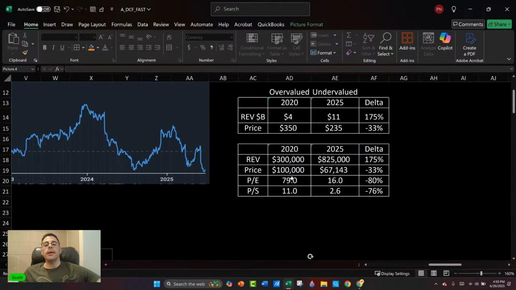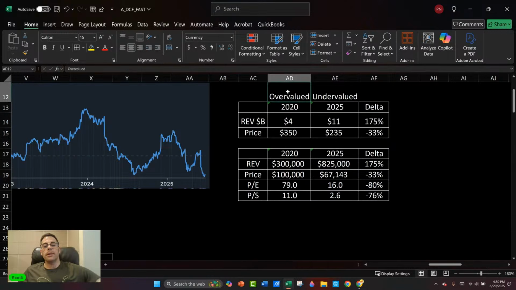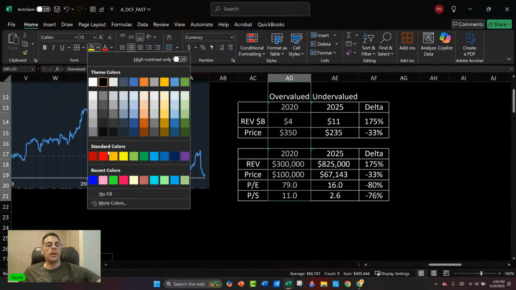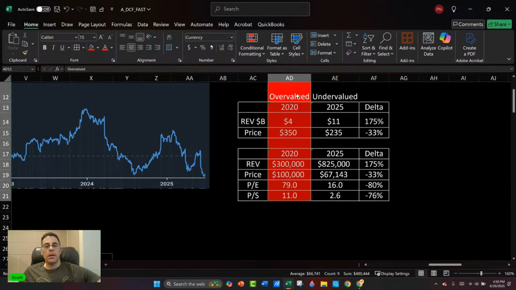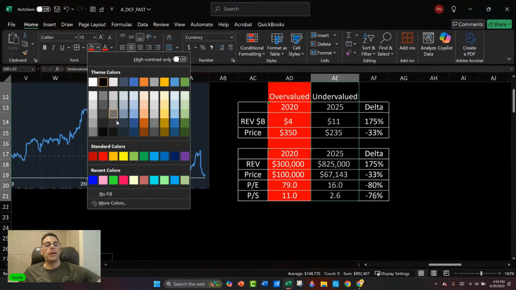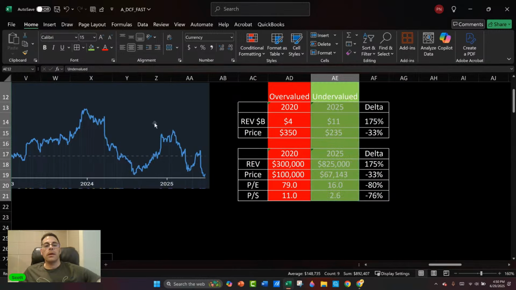But you can see it went from trading at 79 times earnings to trading at 16 times earnings, and from 11 times revenue to 2.6 times revenue. So you can see how overvalued it was. That's why I said it's overvalued, and how undervalued it is in the current time.